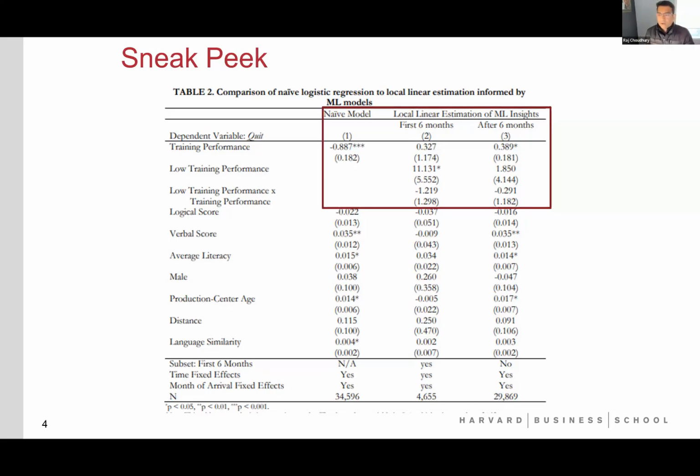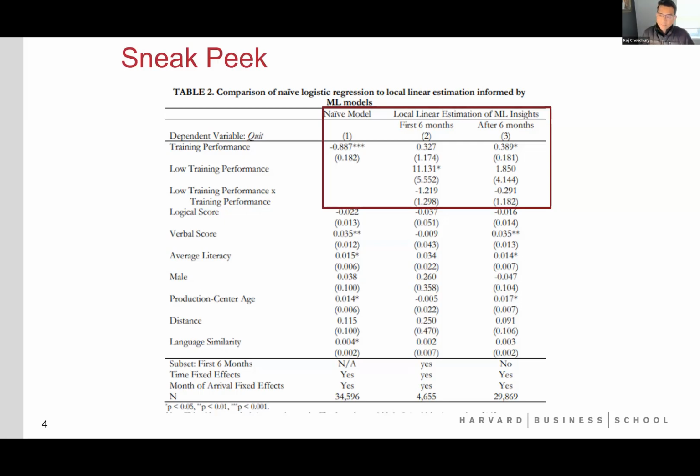Now, what pattern is missed in this analysis is that there is actually a very interesting nonlinear relationship between the performance in training and the probability of attrition before and after the first 6 months of the employee's tenure at this firm. Before 6 months, there is a negative relationship between training performance and leaving, but after 6 months, that relationship turns positive.